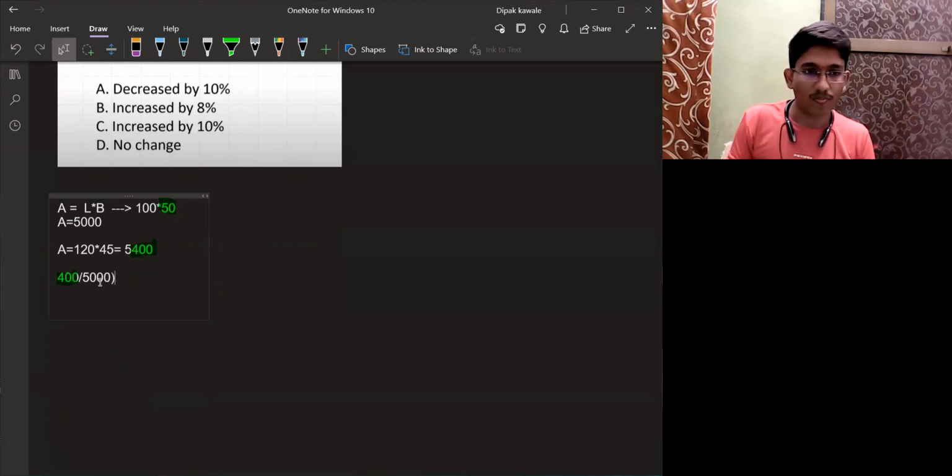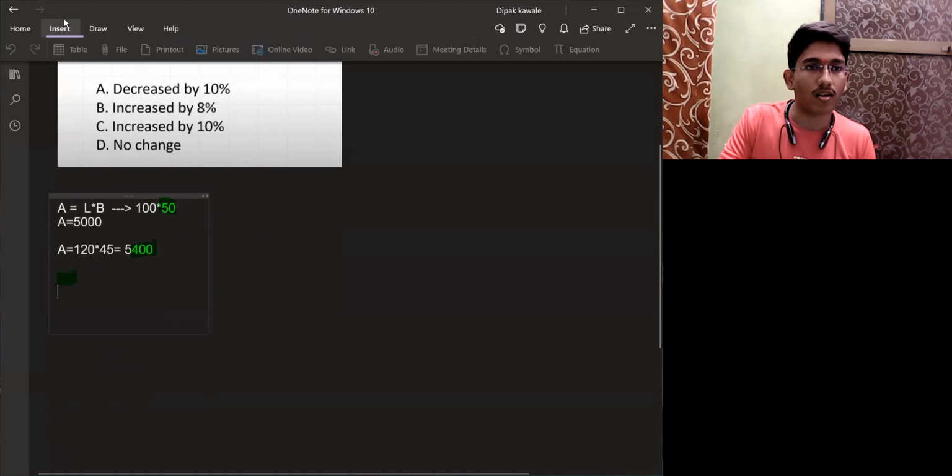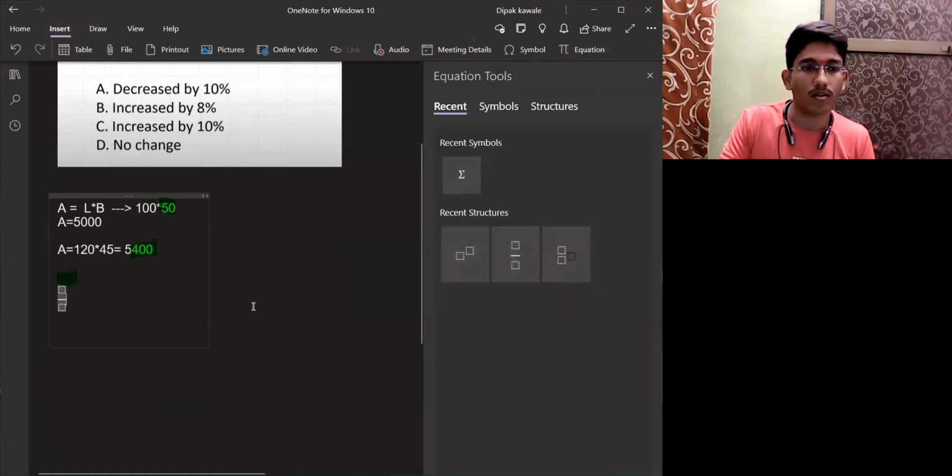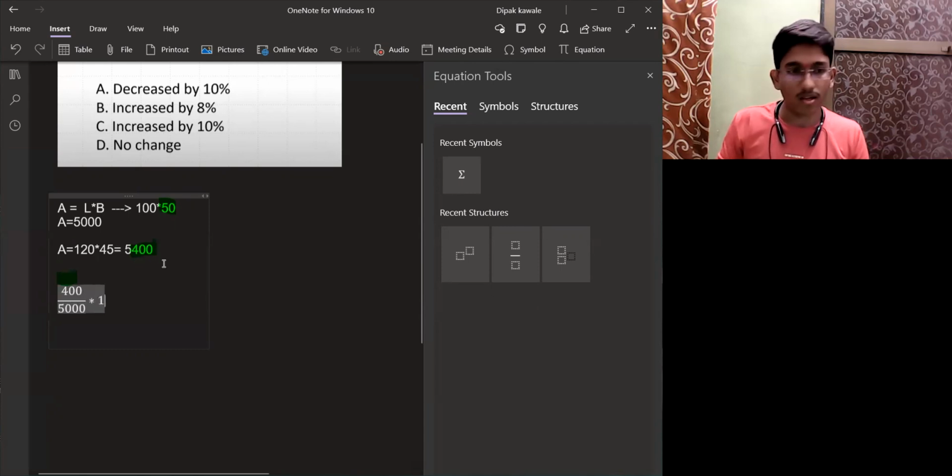And if you have a problem visualizing it, let's say I put in the equation. Okay, so this is our 400, comparing with our initial value, and then what we are doing is multiplying with 100.